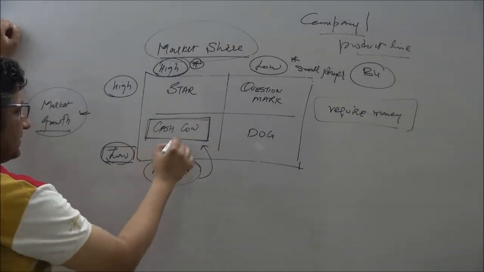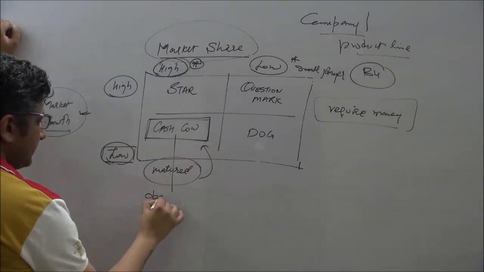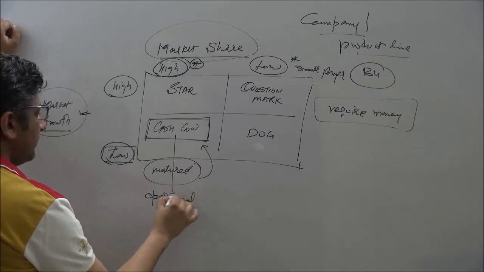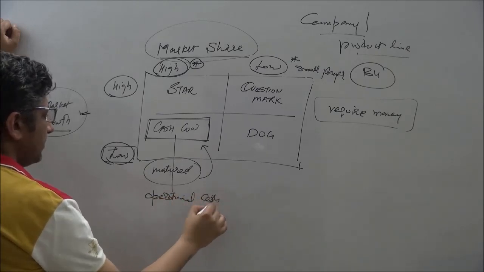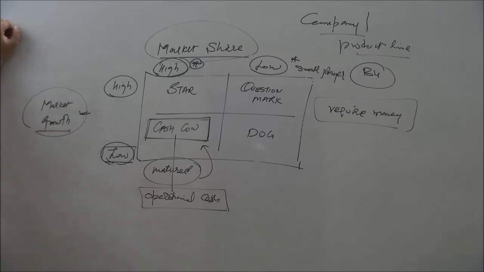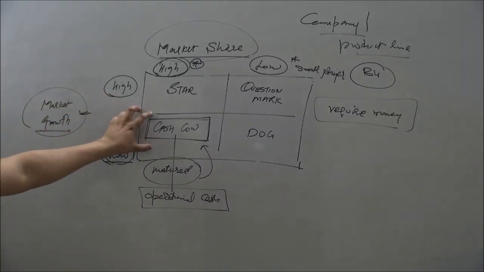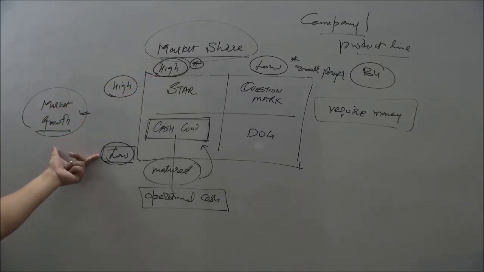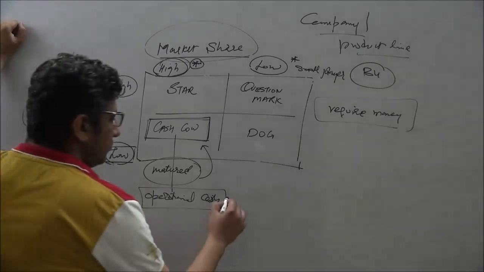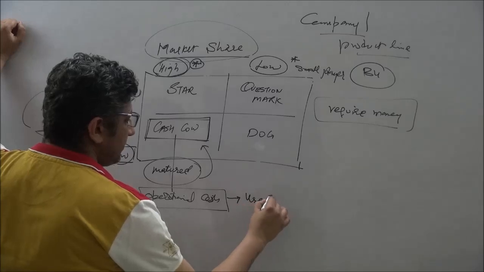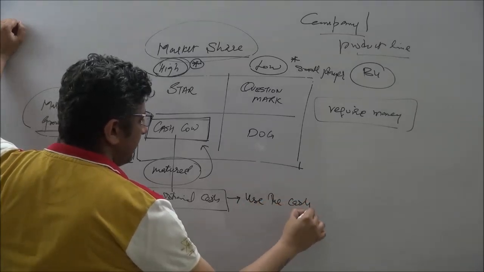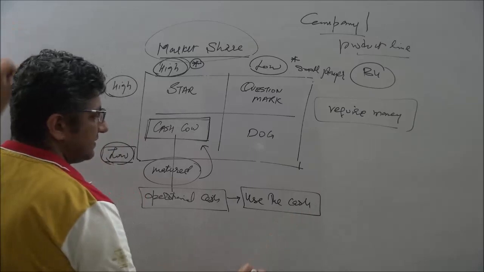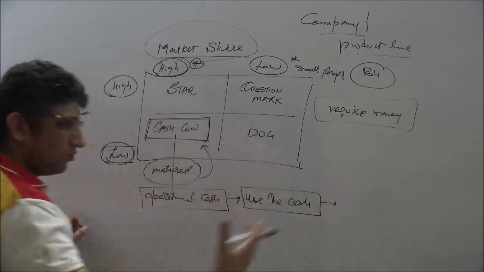This is where your operational cash is quite high. As you understand, you have a ready share, and the market is stable. It is not really growing. It is settled down at the place where it is. You would prefer to use the cash and invest it somewhere else, since the markets are not growing.